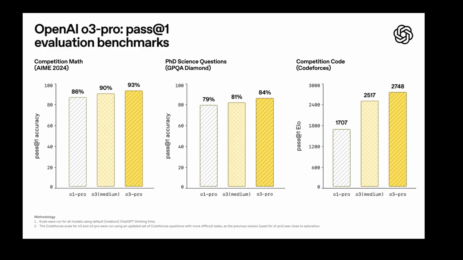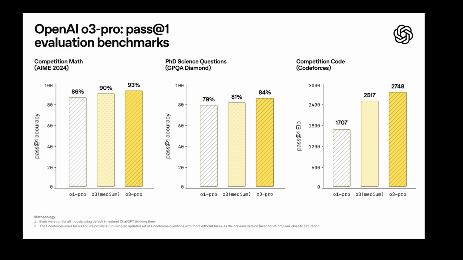O3 Pro also has some crazy metrics when compared to O1 Pro as well as O3 Medium in math, science, as well as coding benchmarks. So first, in the math competition, as you can see, O3 Pro has 93% accuracy, O1 Pro 86% and O3 Medium 90%. When it comes to science, again O3 Pro is the topper, 84%, 81% for O3 Medium and 79% for O1 Pro.